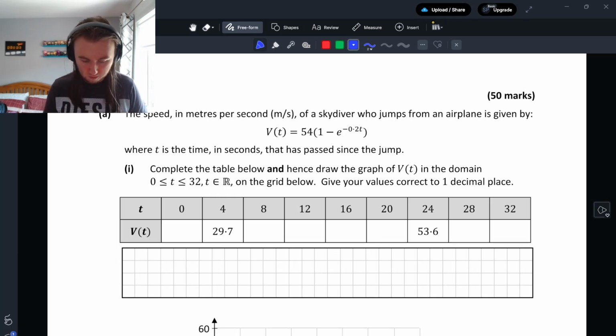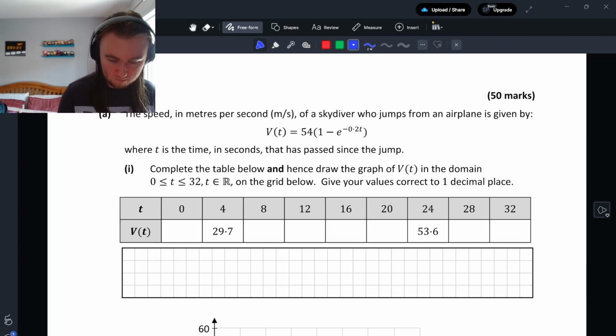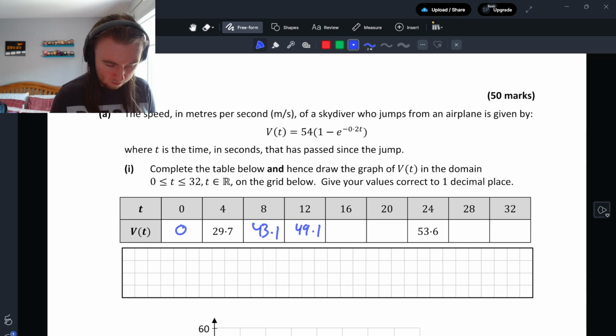And we're going to go from 0, then 4 is 29.7, then 8 is 43.1, 12 is 49.1, 16 is 51.8, 20 is 53, 24 is 53.6, so that matches up, 28 is 53.8, and then 32 is 53.9.